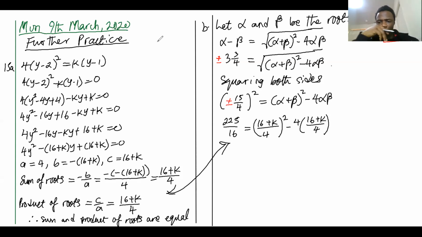So what we can do is to clear the fraction, open the bracket first. So we open the bracket by saying 225 over 16. If I expand this, I'm wondering if there's a better way instead of expanding it.